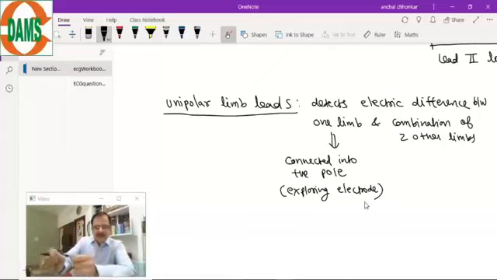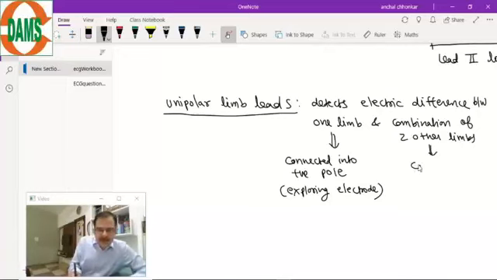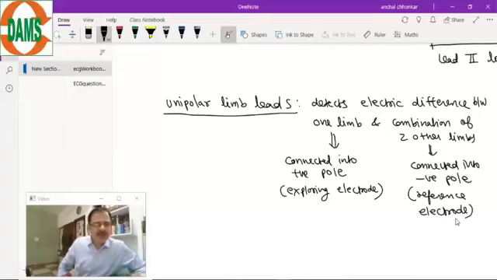While the combination of two other limbs will be connected to a negative pole. This is known as the reference electrode. So it is one limb versus two other limbs which is taken.